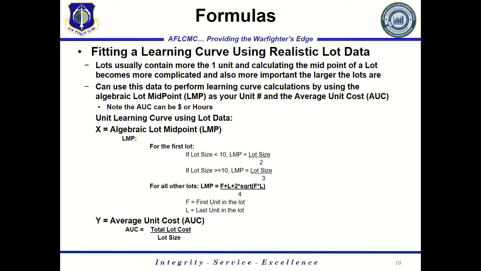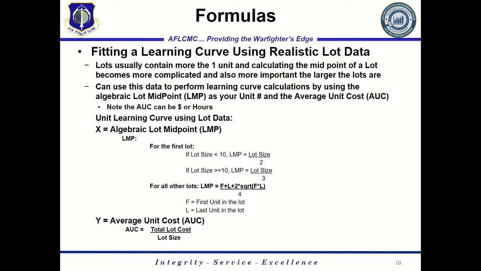This has to do with the fact that at the early beginnings of a production lot, the price drops more rapidly because obviously you're doubling your quantities more early in the production. When you go from 1 to 2, 2 to 4, by the time you hit 4 units, you've already doubled twice. As opposed to later, when you're going from 10 to 20, you're only doubling once in that same span of units.